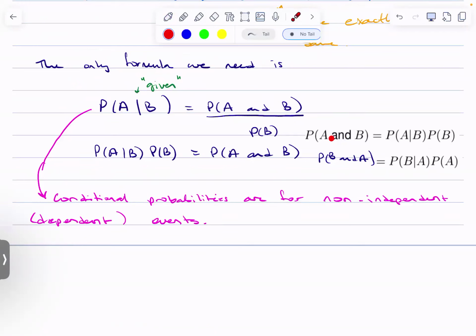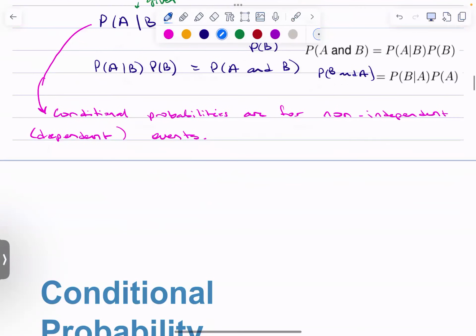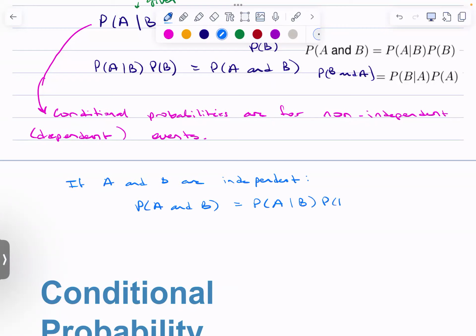If A and B are independent, the special case, then the probability of A and B is still the probability of A given B times the probability of B. But if A doesn't care about B, the probability stays the same, so this is just going to be the probability of A. Knowing that B happened isn't going to change the probability that A happened, because they're independent.